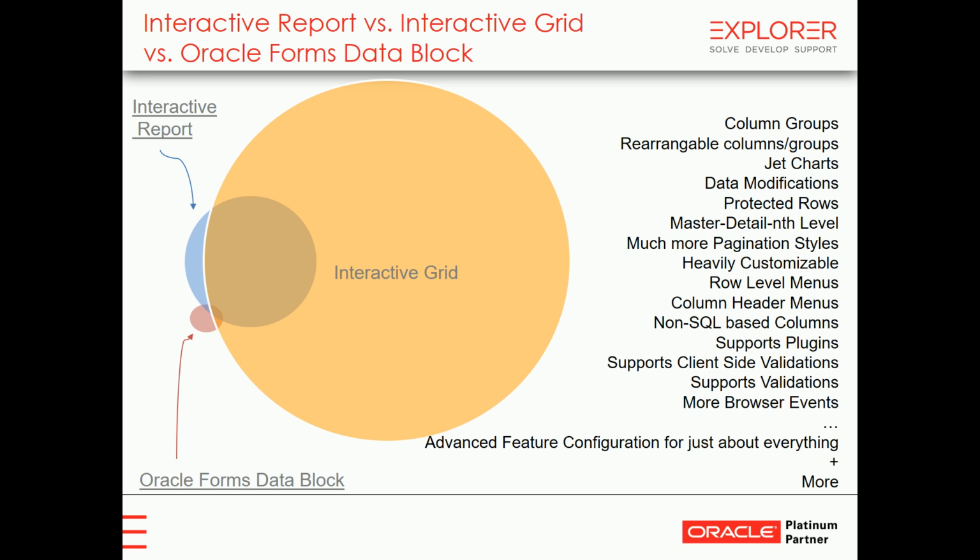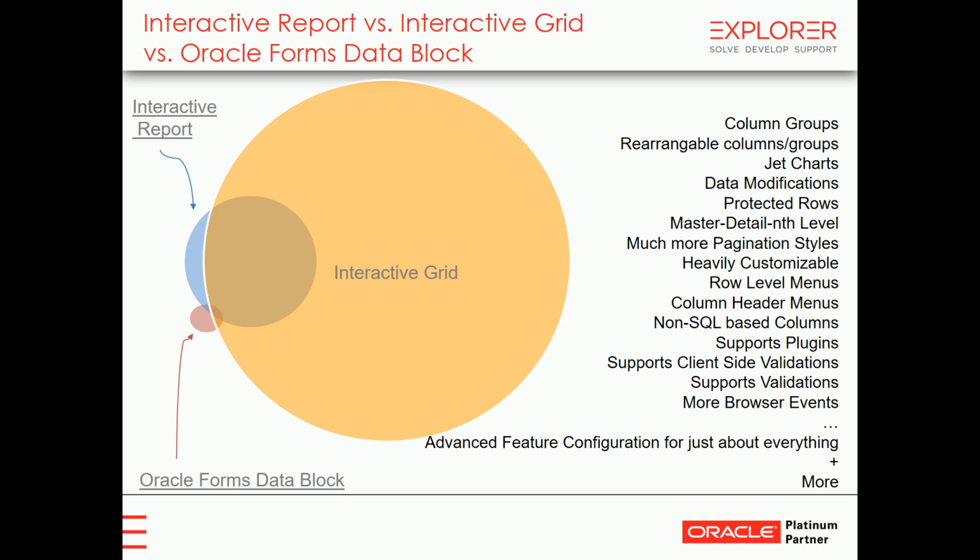So what features are available for the interactive grid? I've written on the right hand side what those main features are. I'll just go through them really quickly. In terms of column grouping, we've got that as a new feature. We can rearrange columns, we can rearrange groups. We've got the fantastic new charting functionality from the Jet JavaScript framework, and now that's all native within interactive grid.